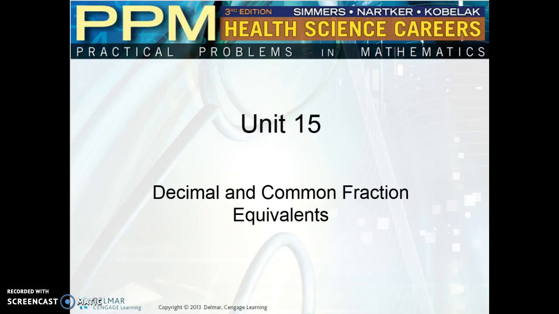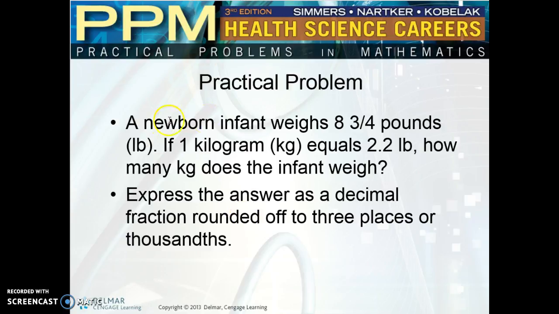What you're going to be learning here is, what is 1/2 as a decimal? Hopefully we all know that it's 0.5. For example, what is 3/4 as a decimal? 3/4 is 0.75. So here's a problem where we have an infant weighing 8 3/4 pounds, and it says 1 kilogram is 2.2 pounds. We want to multiply these two things together, but one's a fraction, one's a decimal.